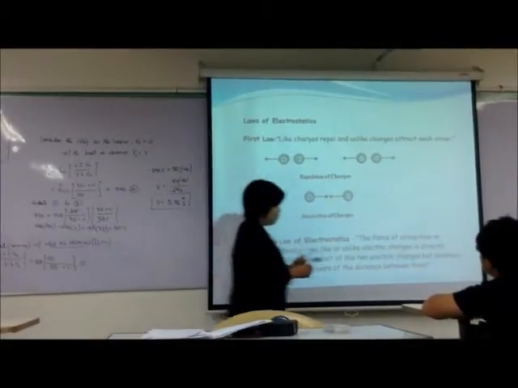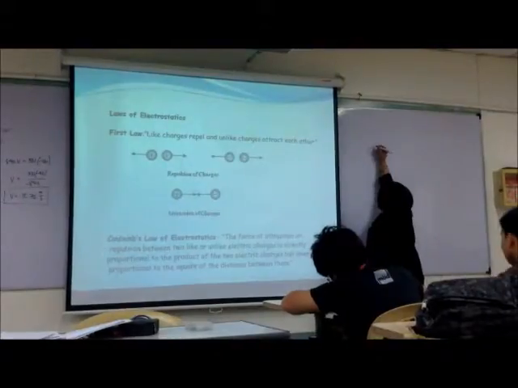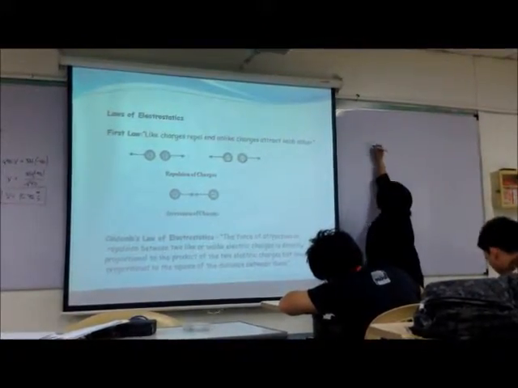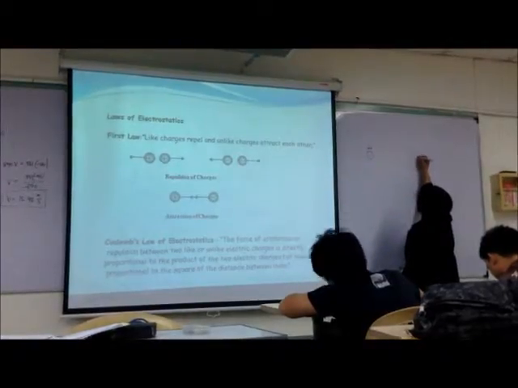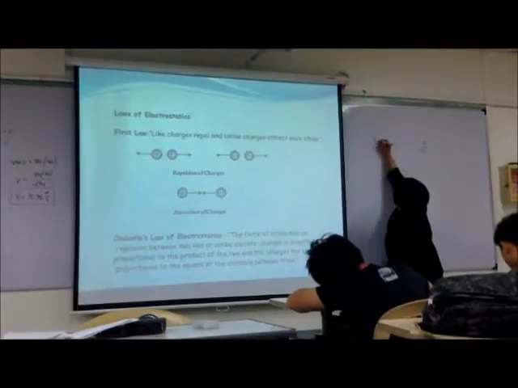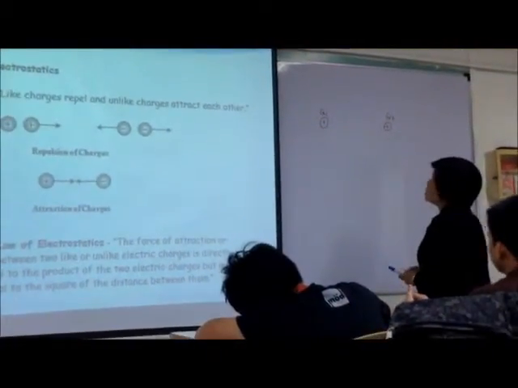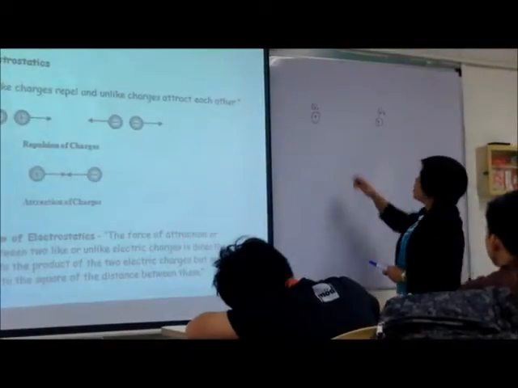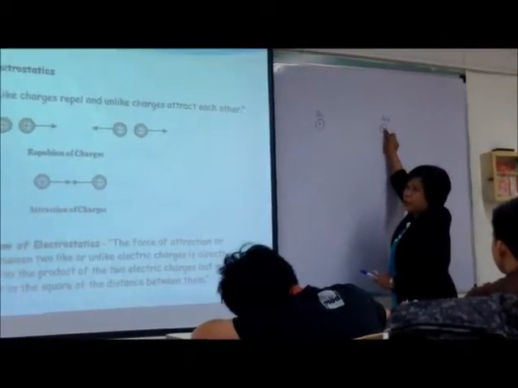Now for example, you have two bodies, one positively charged and the other also positive. We can represent them as Q1 and Q2. If you will be asked, what is the force experienced by charge 1 due to the presence of charge 2?